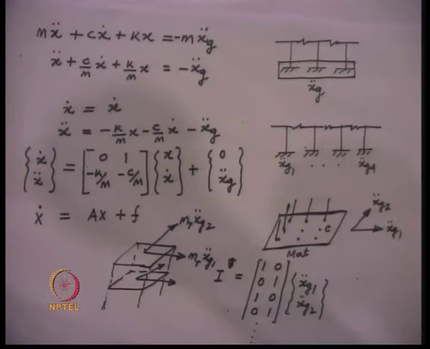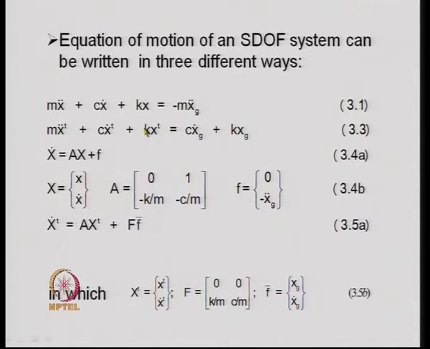In the same fashion, this second order differential equation expressed in terms of the total displacement can also be written in the state space, where the A matrix remains the same as before, there is no change, whereas the F bar becomes a function of x g and x dot g, because on the right hand side of this equation we can see that the force depends upon x g and x dot g.